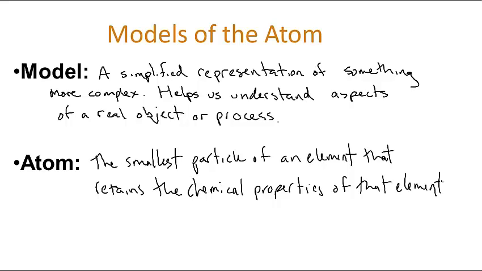So basically, once you break down an atom into smaller pieces, it no longer has the same properties as that original atom. So if you take an atom of carbon and split the nucleus, you no longer have something that will behave like carbon anymore.